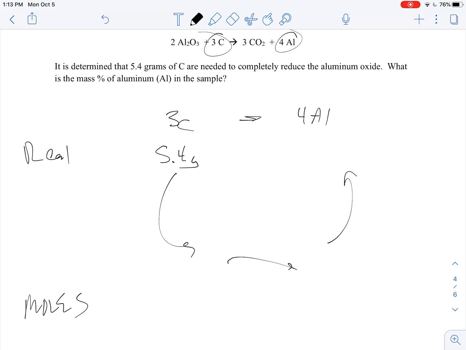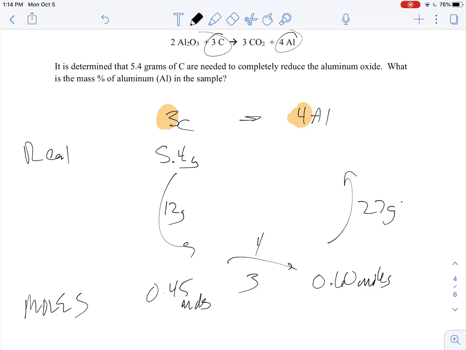They told you it was 5.4 grams of carbon. So 5.4, carbon weighs 12. That's going to get you 0.45 moles here. And then you're going to multiply by a 4/3 ratio to get across town. So multiplied by 4/3 is going to be about 0.60 moles here.